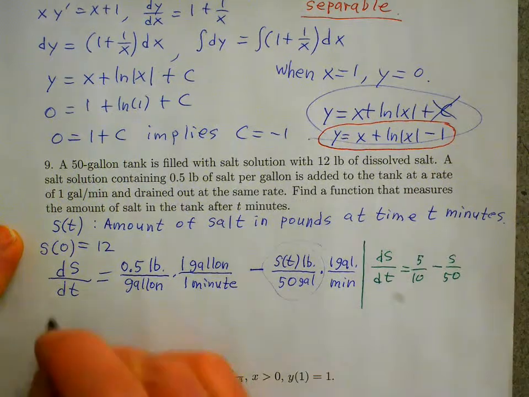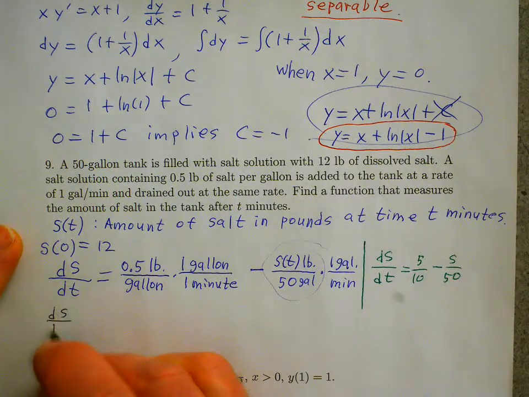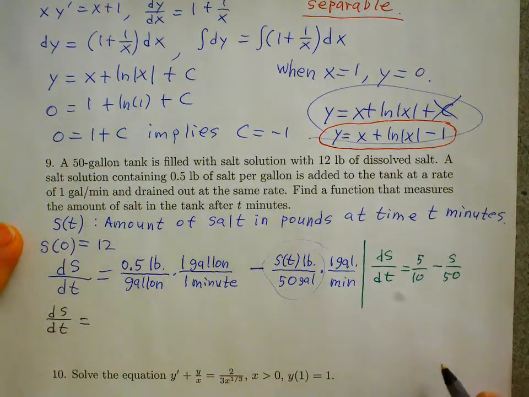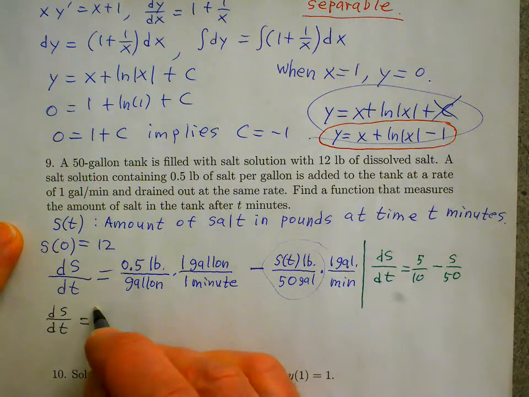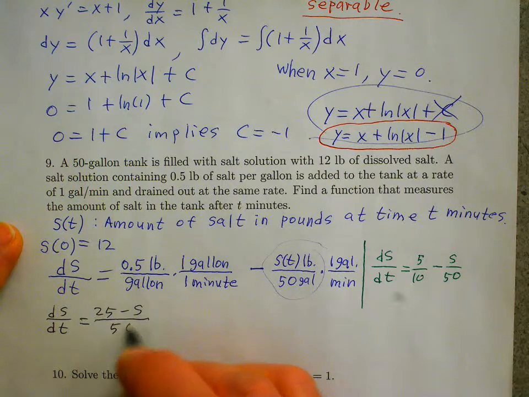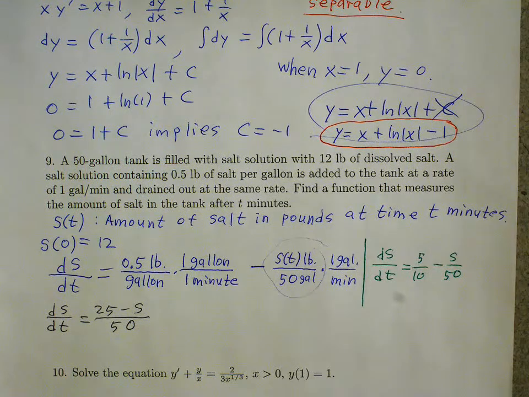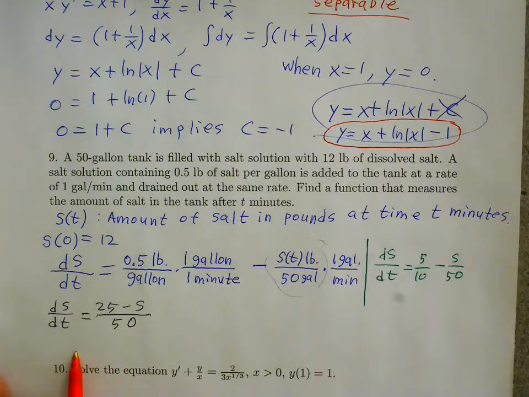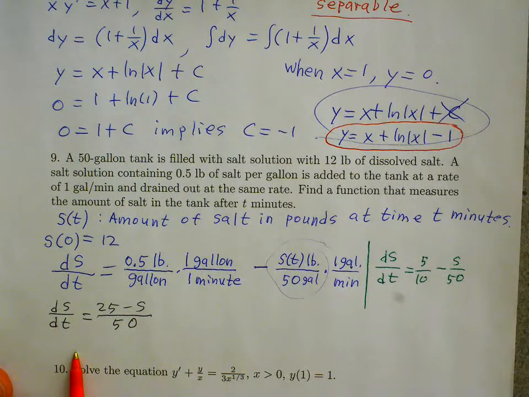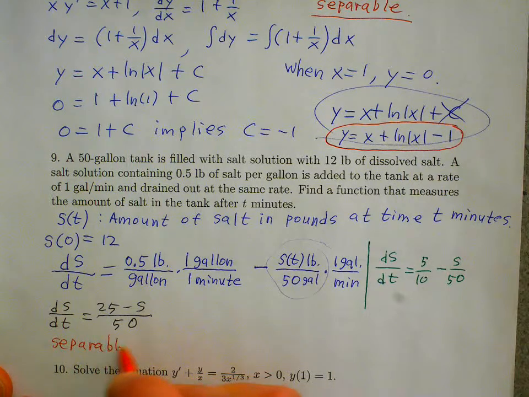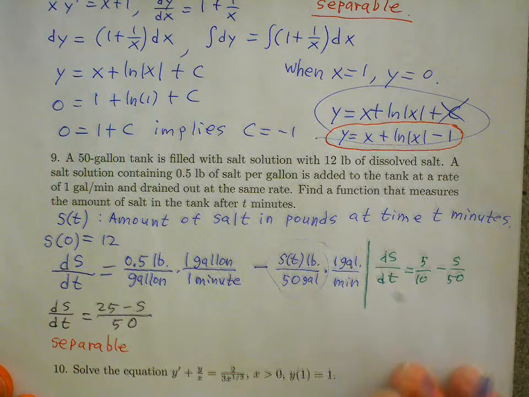So I'll write ds dt is equal to, in the numerator, 25 minus S, and in the denominator, 50. Okay, so this is a separable differential equation. The variable t doesn't appear, but that's okay.